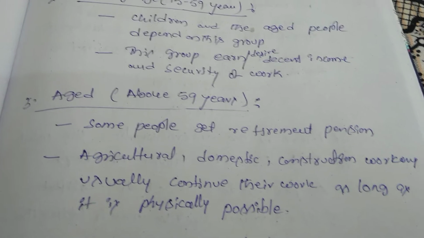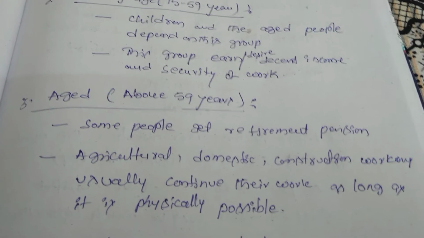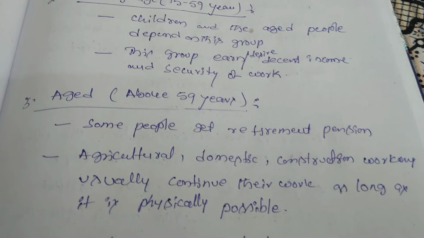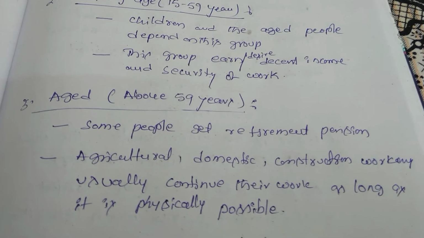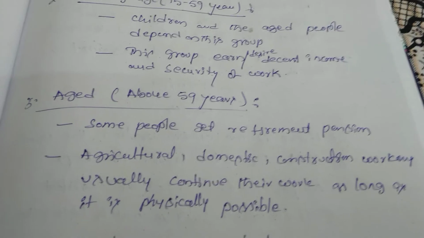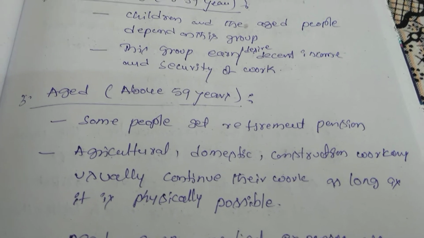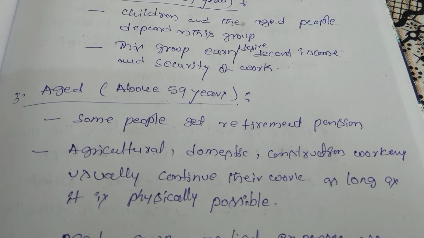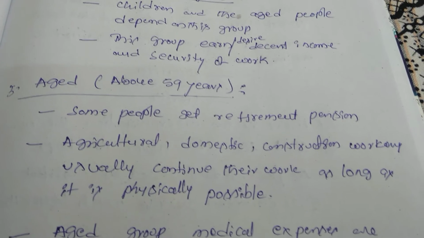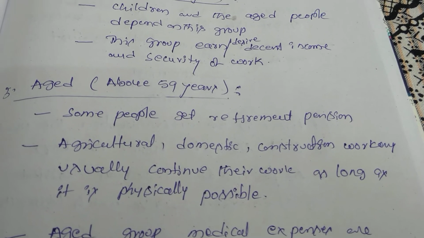But most people in India work in the unorganized sector, as we already discussed, 92% of people in India, and they don't get any pension. Agriculture, domestic, and construction workers usually continue their work as long as it is physically possible.